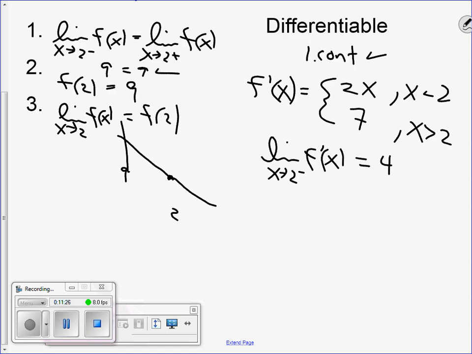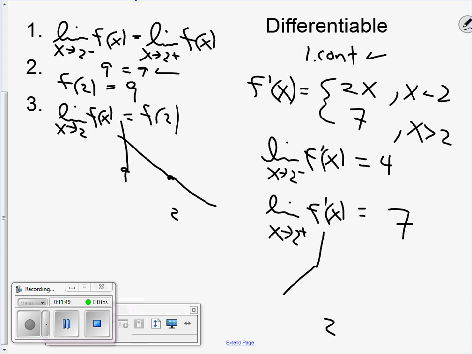All right, so I know as I get closer and closer to 2 from the left, the slope is approaching 4. How about the limit of f prime of x, the slope, as x gets closer to 2 from the right? So from one side the slope is approaching 4, and from the other side, it's 7.